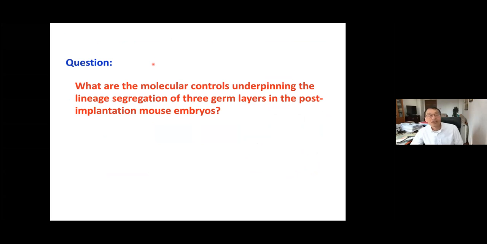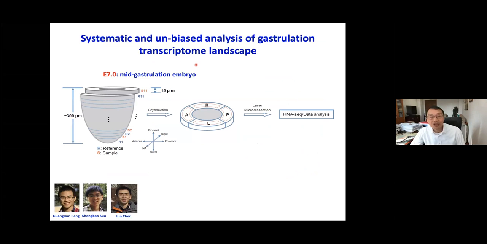So we ask, what are the molecular controls underlying the lineage segregation of the 3 germ layers in the post-implantation mouse embryos? So we tried to set up a systematic and unbiased analysis of the gastrulation transcriptome landscape.